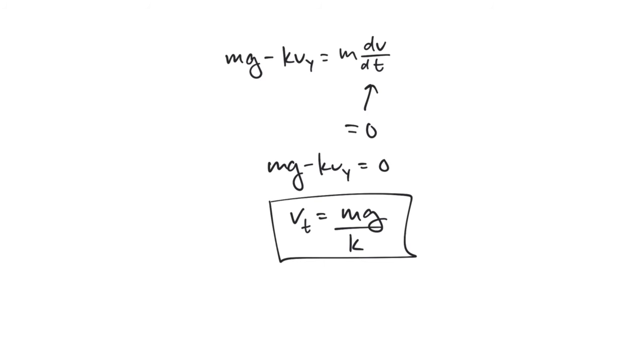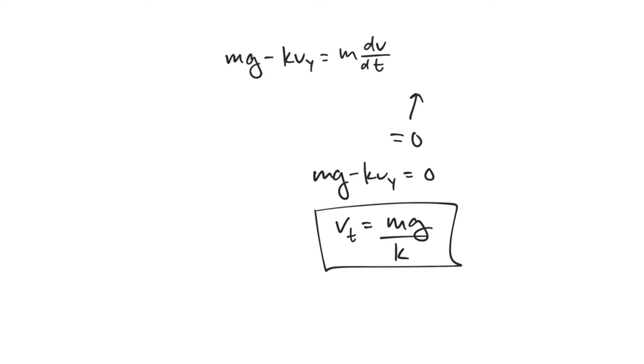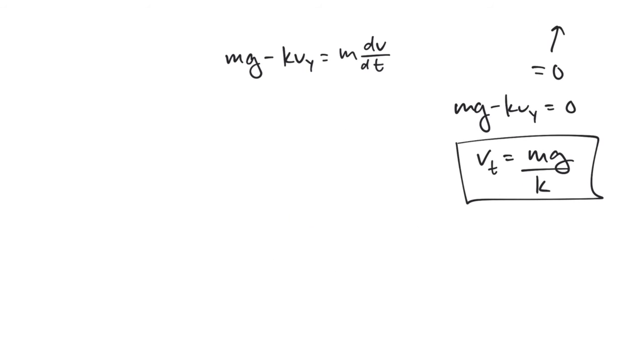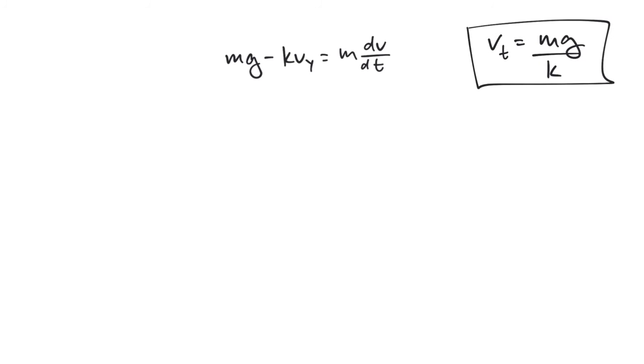But we care not only about the terminal velocity, we care about the motion itself. So we're going to hang on to the terminal velocity really quick. I'm going to erase that stuff I don't need, and we're going to solve this for the y motion. Really at this point I'm just doing it because it's cool. If you don't want to do it, just skip forward a little bit till I start doing the graphs.